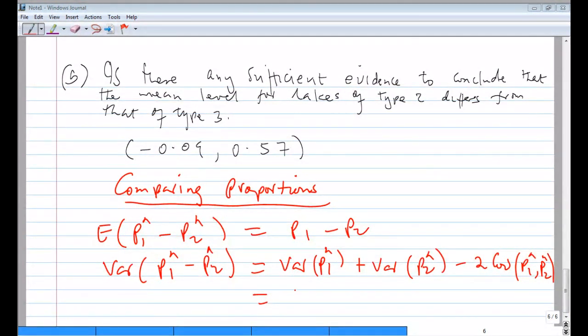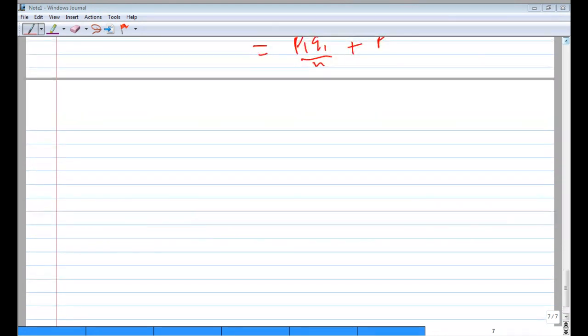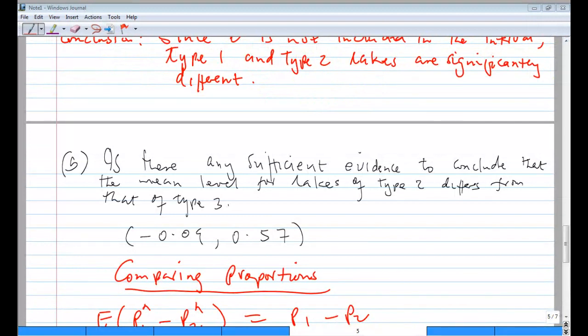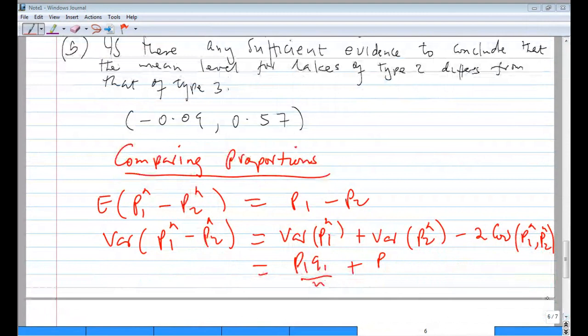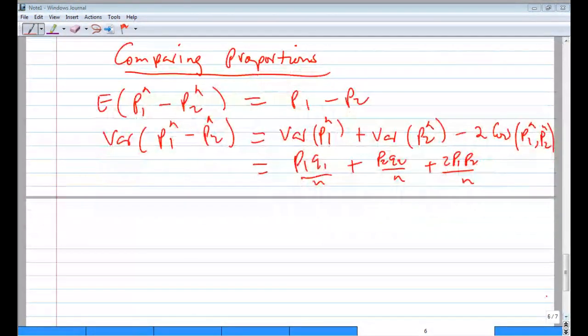It has been proven that the var of this one is going to be P1 Q1 over N plus P2 Q2 over N plus 2 P1 P2 over N. So the var of P1 hat minus P2 hat is equivalent to P1 Q1 over N plus P2 Q2 over N plus 2 P1 P2 over N. We are not interested in proving it, we just want to apply it.